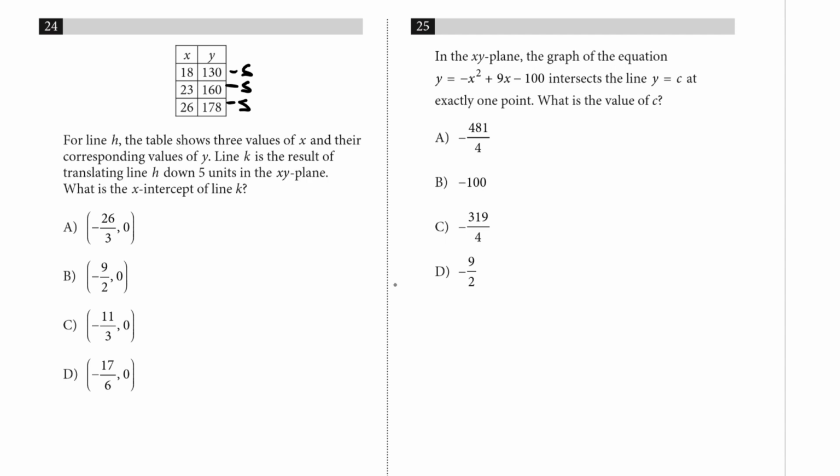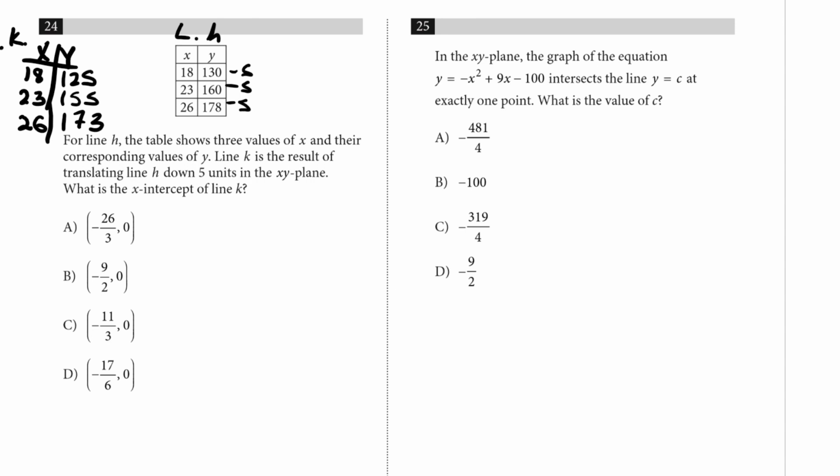So we will have a new table. This will be for line K. This one is for line H. It will be 18 and 125, 23 and 155, 26 and 173.